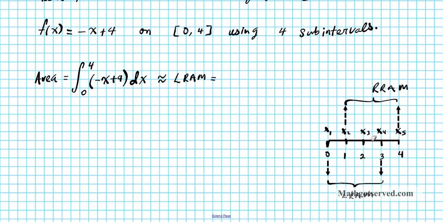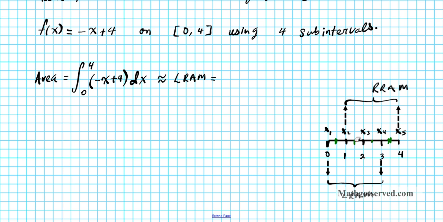Now what if we want to find the midpoint rectangular approximation? We just have to compute the average of these calibration points. The midpoint of x1 and x2 graphically resides here, the midpoint of x2 and x3 resides here, the midpoint of x3 and x4 resides here, and the midpoint of x4 and x5 resides here.